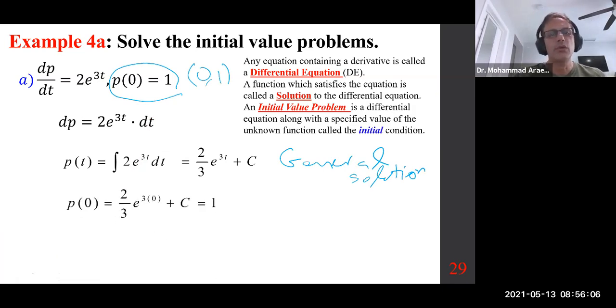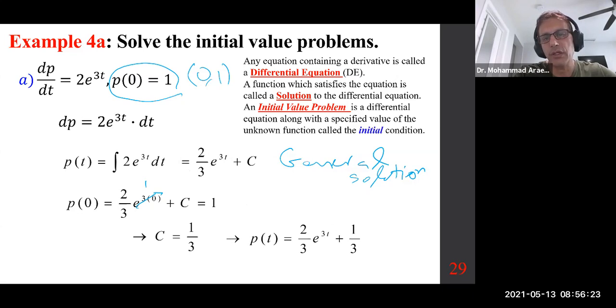Now, we replace the t with 0 and p of t with 1. I hope you realize this is 1. So 2/3 plus some number is 1. That number must be 1/3. And now we have a particular solution.